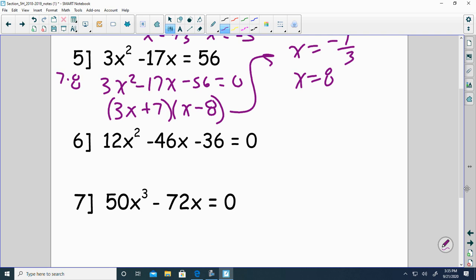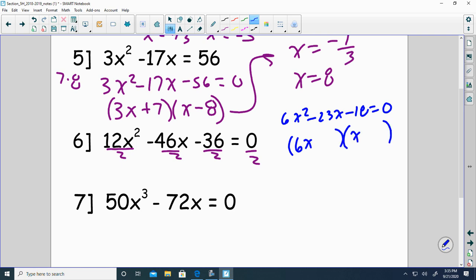This next one, I'm going to divide everything by 2 first, including the 0. So that's going to give me 6x squared minus 23x minus 18 equal to 0. And let's see if this will work. I think if I do the 6x and the x, see if that works.